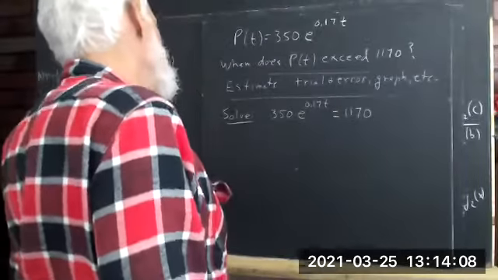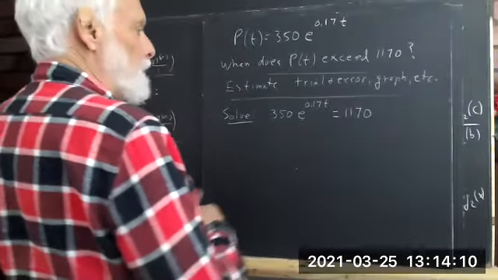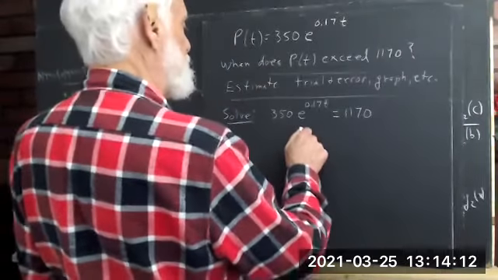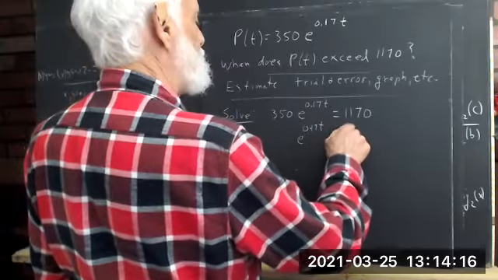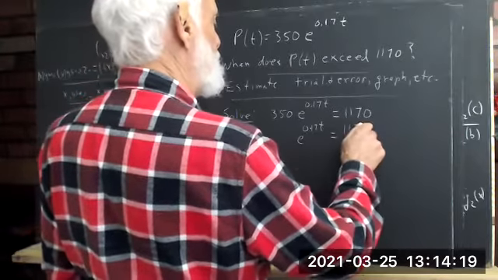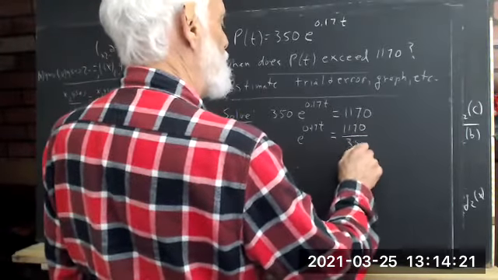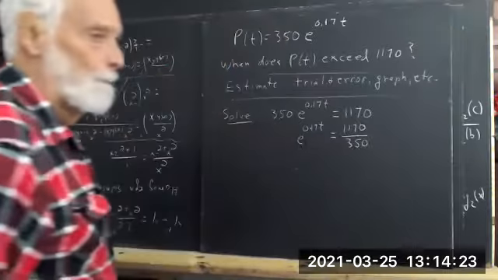So e to the 0.17 t equals 1170 divided by 350.